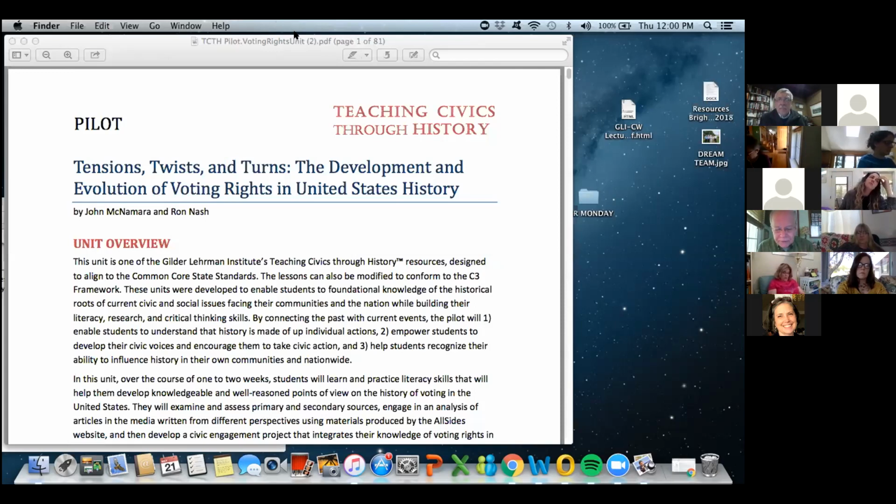What information do the students need to know to develop a viewpoint on the essential question? And when I pose that question to myself, it immediately gets me thinking about, oh, well, I should include this document and that document and this document.